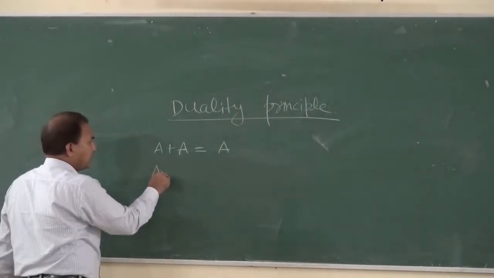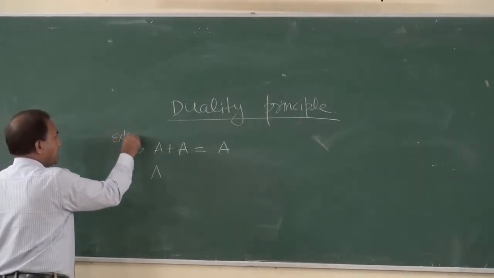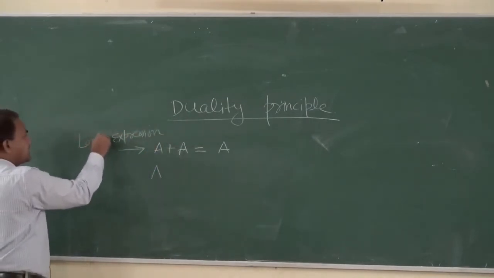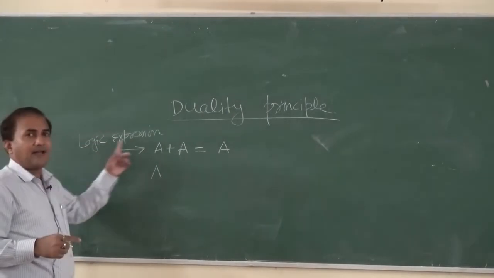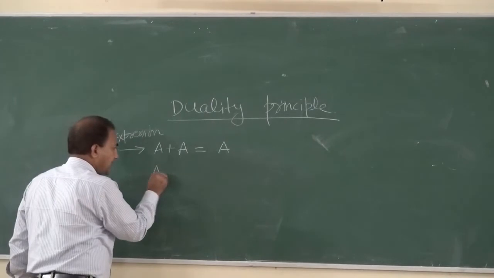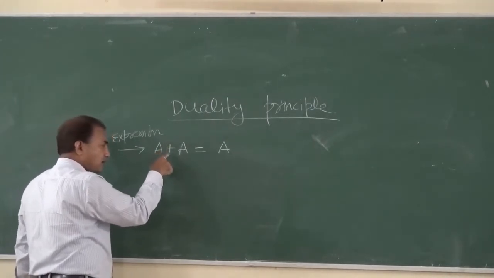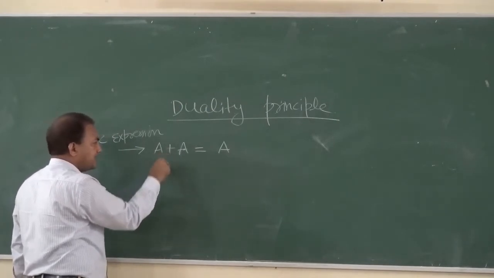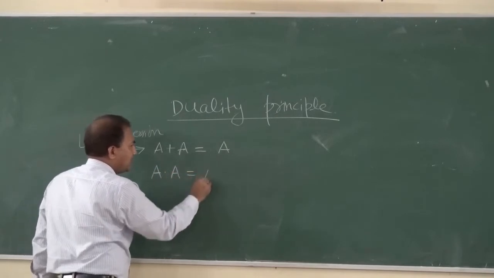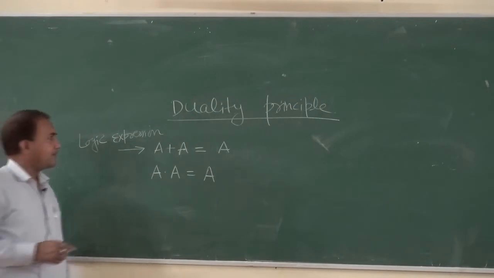Just now I told you that for any logic expression, you can determine the dual by converting the OR operator to AND. So a dot a is equal to a.